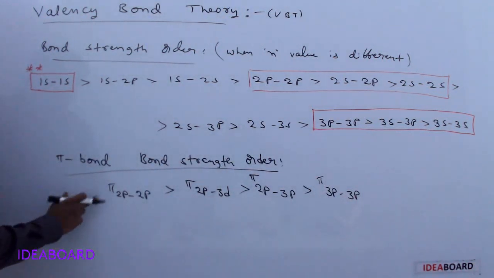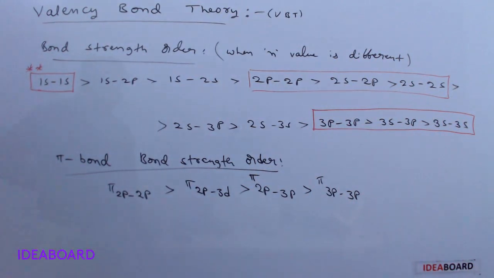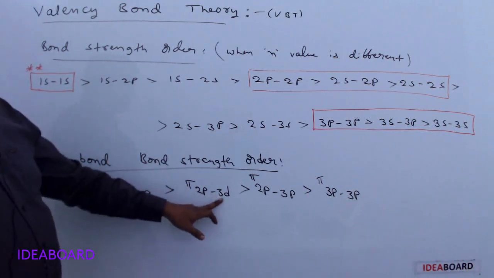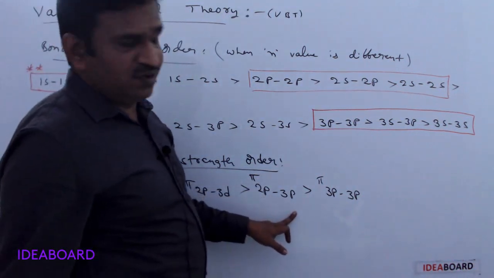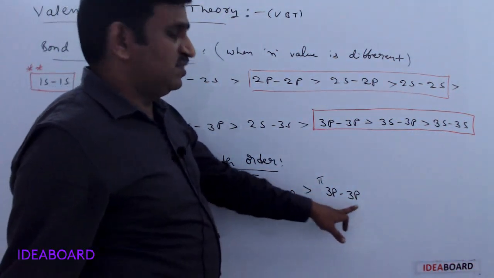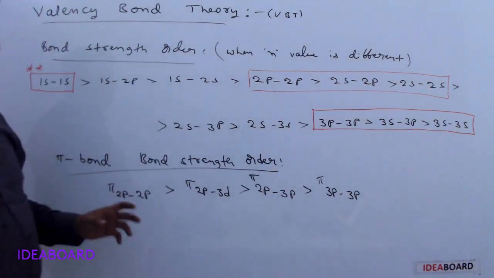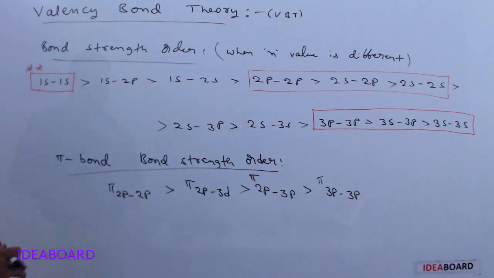A pi bond formed between 2p orbitals is always stronger than a pi bond formed between 2p and 3d orbitals, than a pi bond formed between 2p and 3p orbitals, than a pi bond formed between 3p and 3p orbitals. Because of the extent of overlapping and size of the orbital, we have that type of bond strength. So that is the bond strength order for sigma bond and for pi bond. Please remember this.